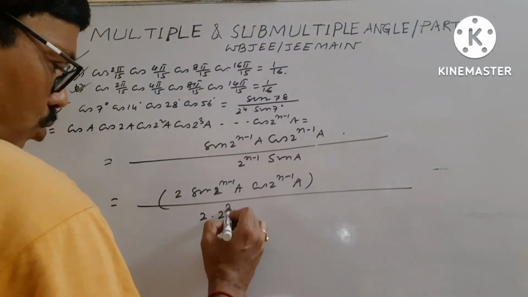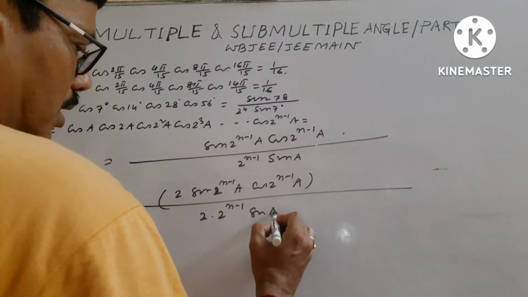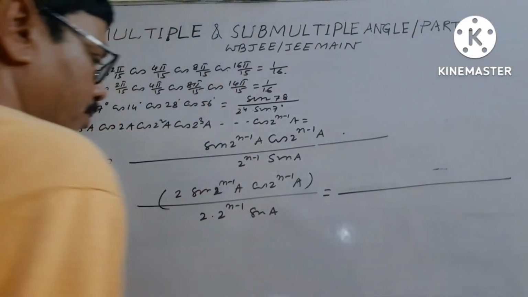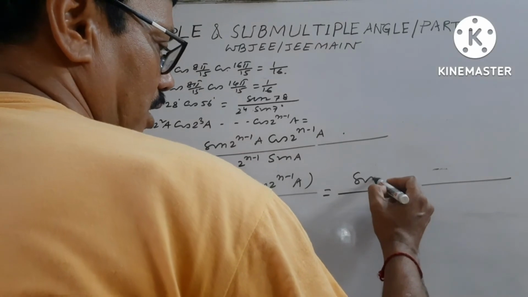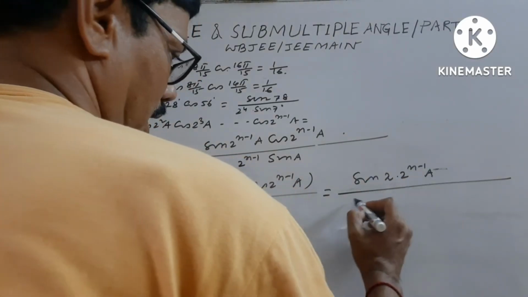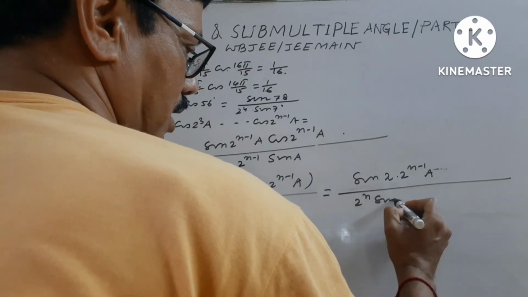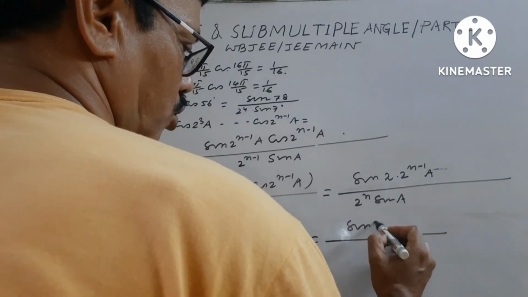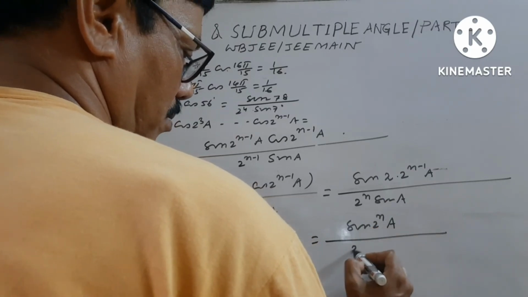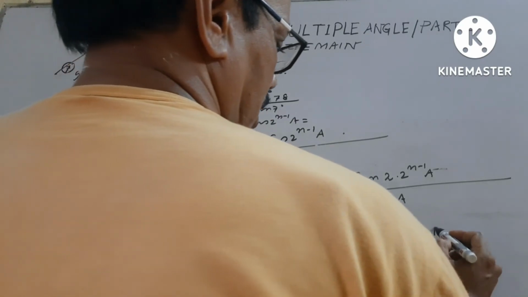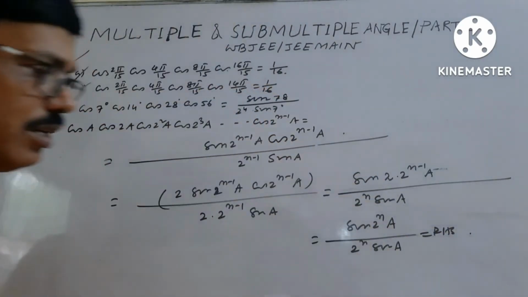So 2 into 2 to the power n minus 1 sine A. What are we getting? Sine 2 into 2 to the power n minus 1, and this is 2 to the power n sine A. So sine 2 to the power n A by 2 to the power n sine A. So this is our right side.